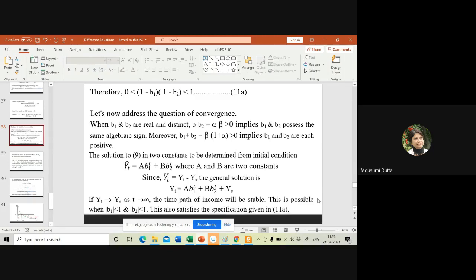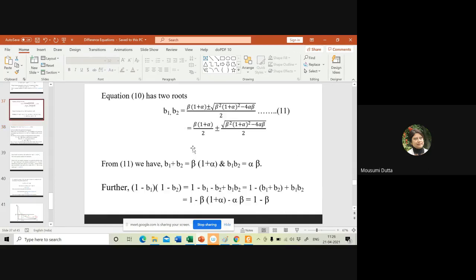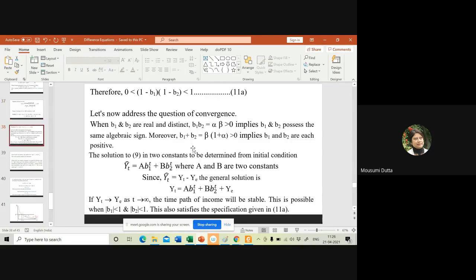And then I started to talk about the convergence issue. I mentioned the roots when they are real and distinct, and their product B1 into B2, which is equal to alpha beta, would be greater than 0.